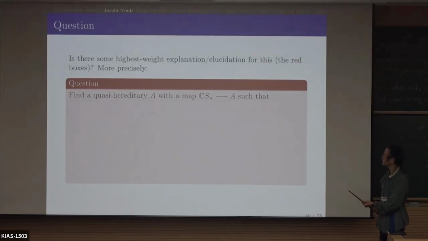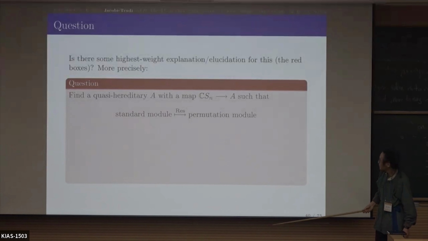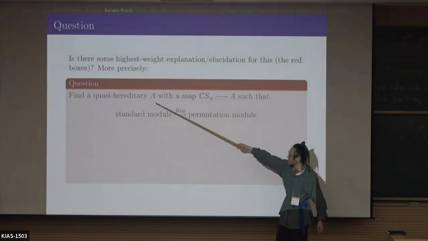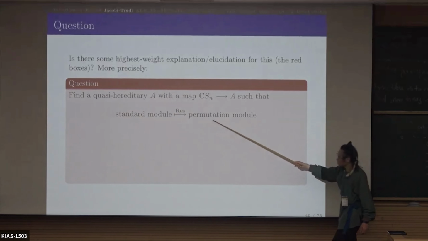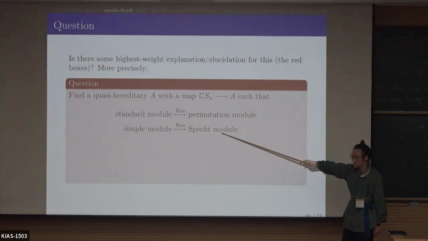More precisely, here's what I want to do. I want to find some ideally quasi-hereditary algebra A with some map from the symmetric group such that the standard modules of this quasi-hereditary algebra restrict to the permutation modules, and the simple module restricts to a Specht module.